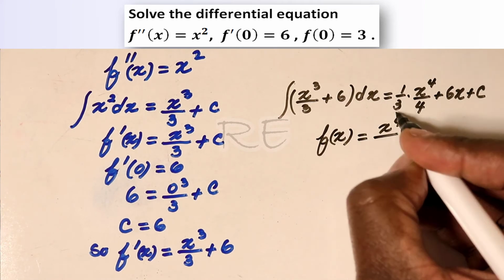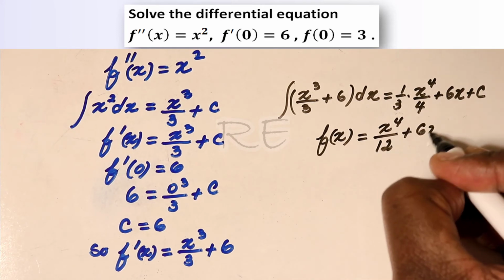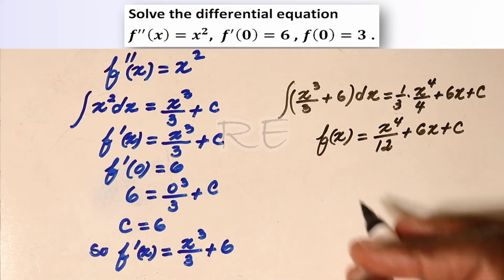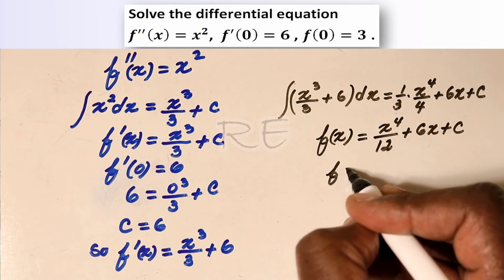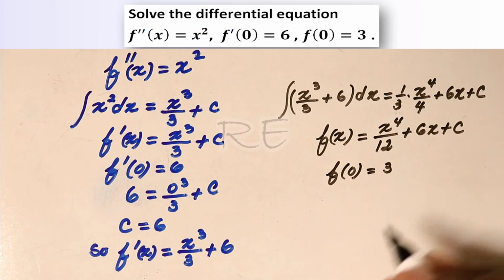Now the general solution is f of x is equal to x to the 4th over 12 plus 6x plus c. Particular value is given. F of 0 is equal to 3, the initial condition.